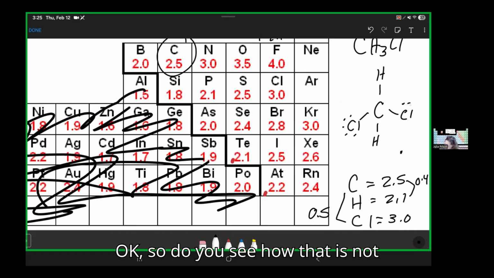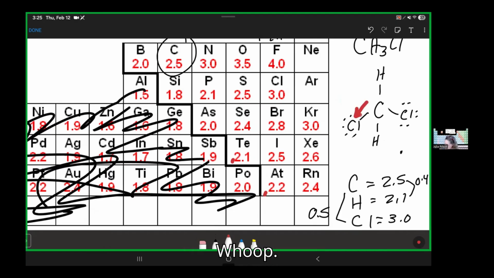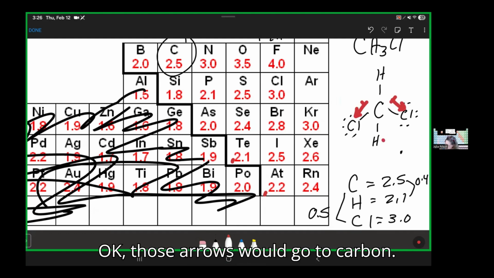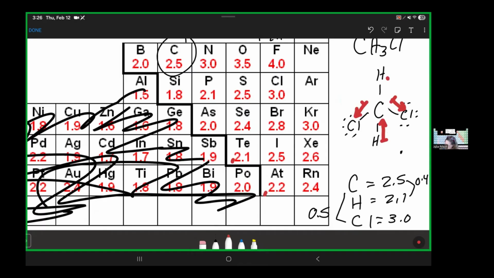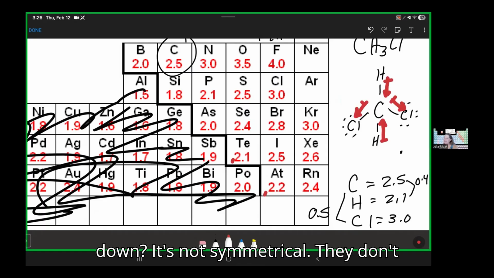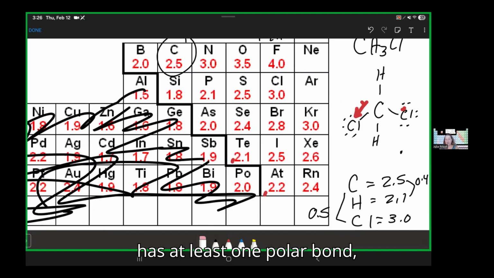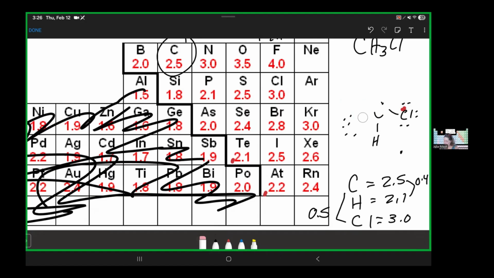Do you see how that is not symmetrical? If I were to draw an arrow towards the more electronegative atom, those arrows would go to carbon. See how I've got more arrows pointing down? It's not symmetrical. They don't cancel each other out. So if it's non-symmetrical and has at least one polar bond, it is polar.